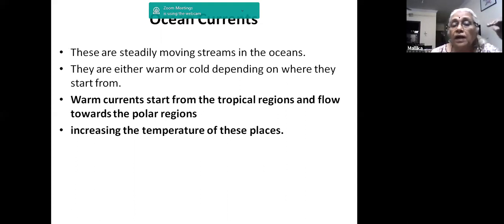So in the polar region, the surface water becomes very cold and begins to sink, right? Now, if this water in the sea starts to descend, what will happen?